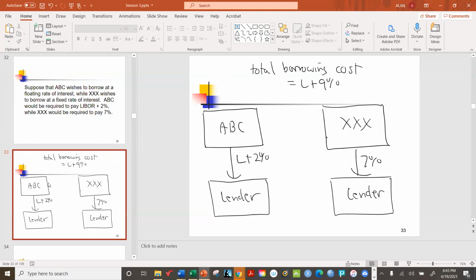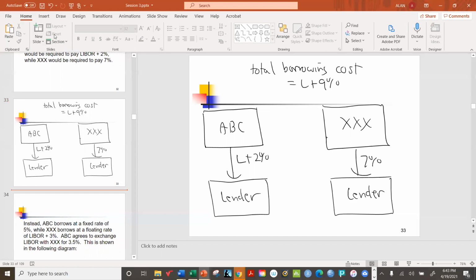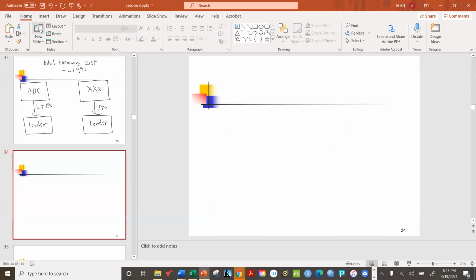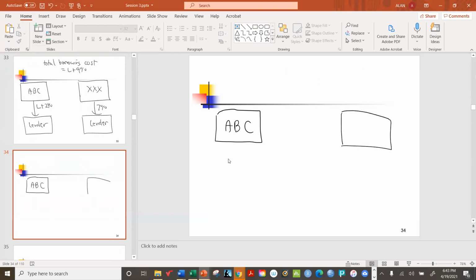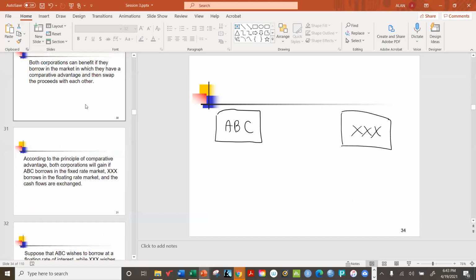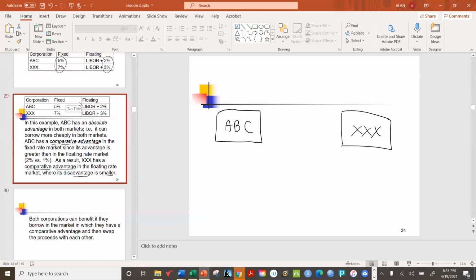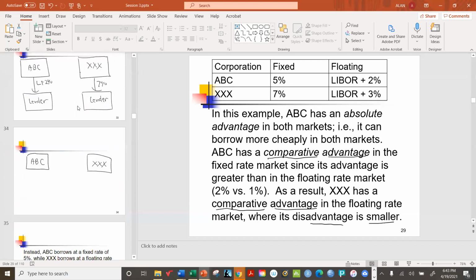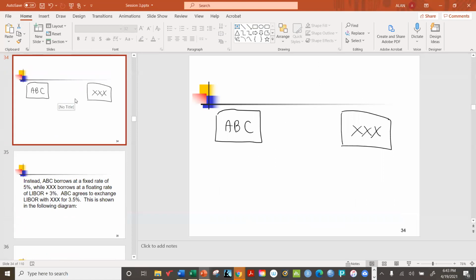Now, can they do better? Yes. So here's what they're going to do. Let's say they borrow in each other's markets. ABC goes to the fixed rate market and borrows at 5.